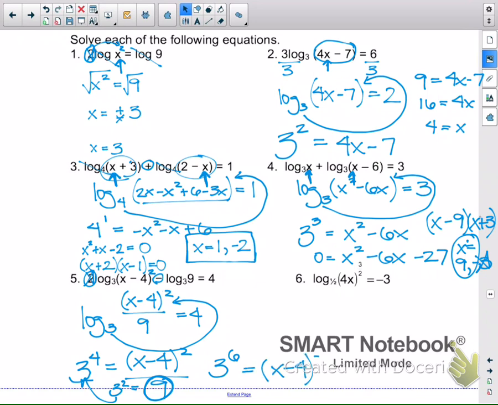Do I have to know what 3 to the sixth is right now? No, probably not. Because when I square root here to solve, what is the square root of 3 to the sixth? 3 to the third. And anytime you square root, what do you put in front of it?